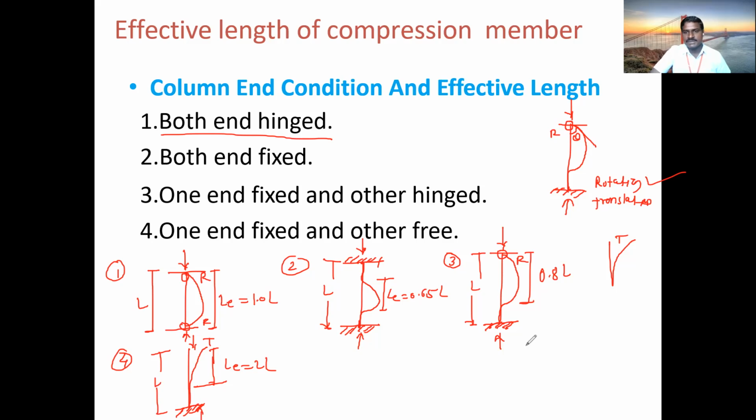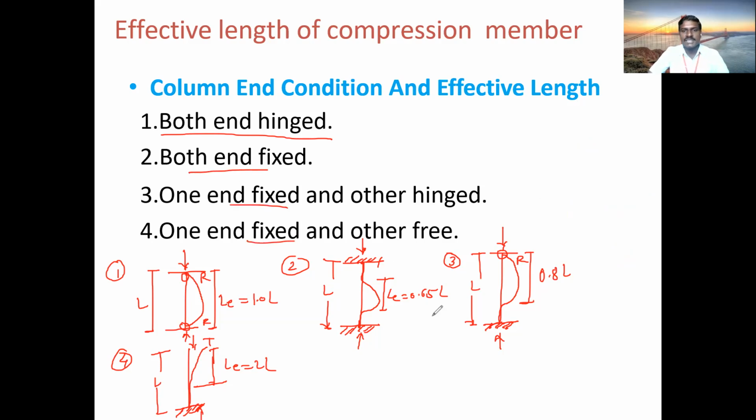Are you getting this? Okay, we will learn this again, because while solving the problem I will explain each and every boundary condition once again. So have you written down these 4 boundary conditions and their effective lengths? Written? Yes sir.